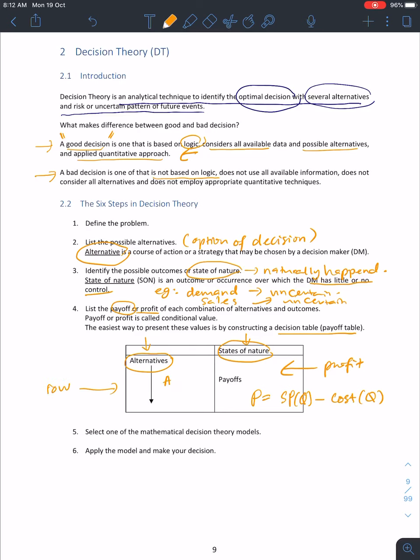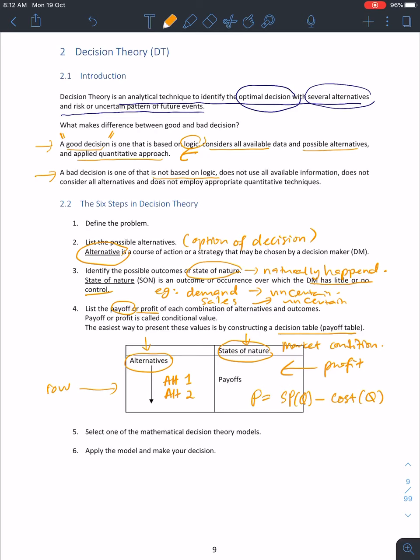Okay, so let's say kita ada alternative 1, alternative 2. Sebab at least untuk decision theory, you have 2 alternatives. Okay, so state of nature ni, for example, kita ada market condition. Okay, market condition sama ada good condition or bad market condition.